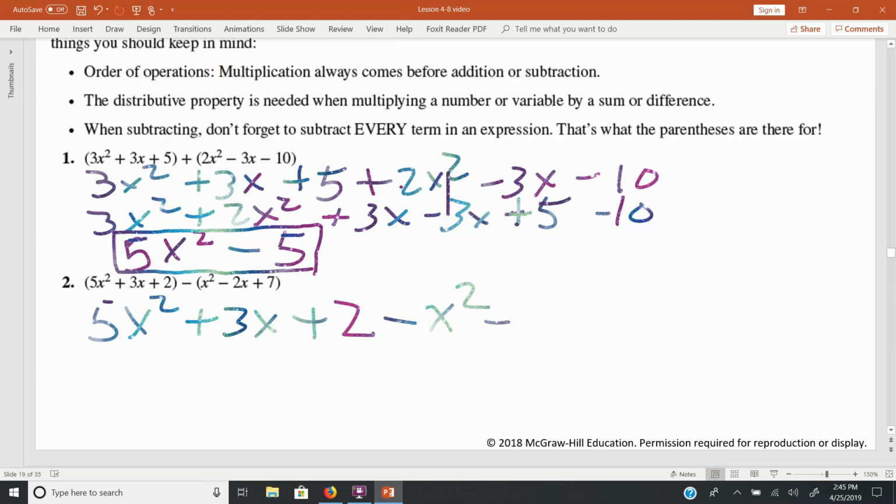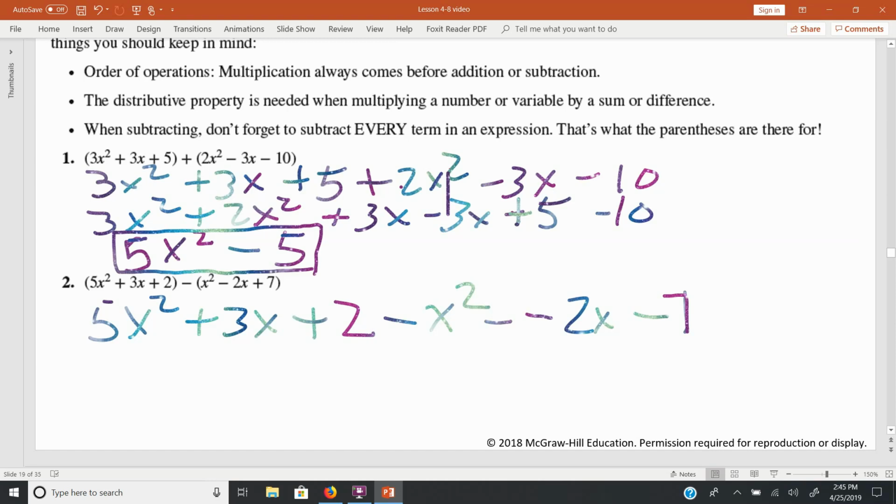But now I also have to subtract a negative 2x and subtract a 7. I'm subtracting everything inside the parentheses. If I had put everything together and then subtracted, I would have ended up subtracting everything inside the parentheses. To get rid of the parentheses, that's what I do. I subtract everything inside the parentheses.